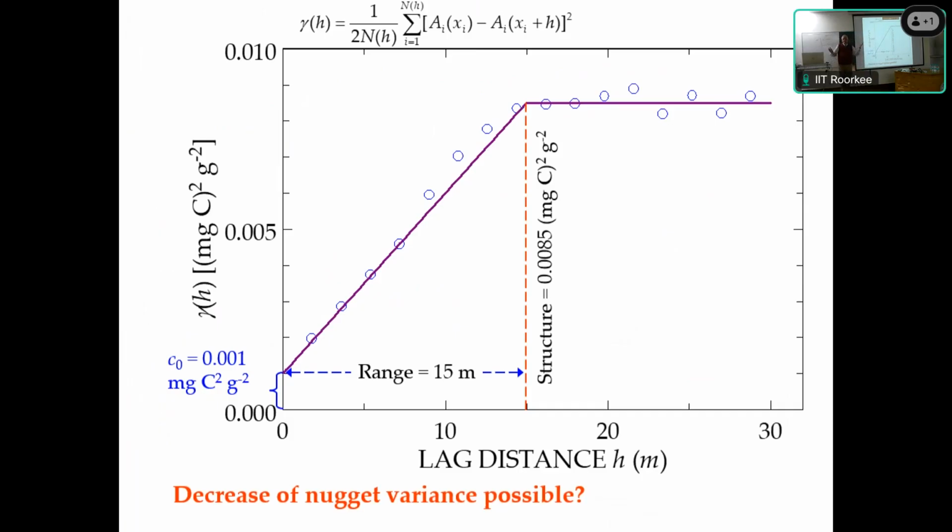In a similar way, when we get the autocorrelation function, these dots there, that's the experimental autocorrelogram. Then we call it semi-variogram model. And some people say variogram only, but I prefer to say semi-variogram.